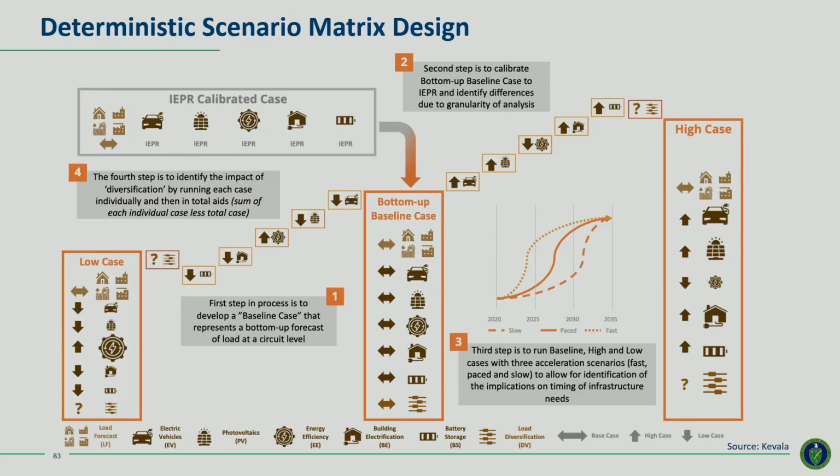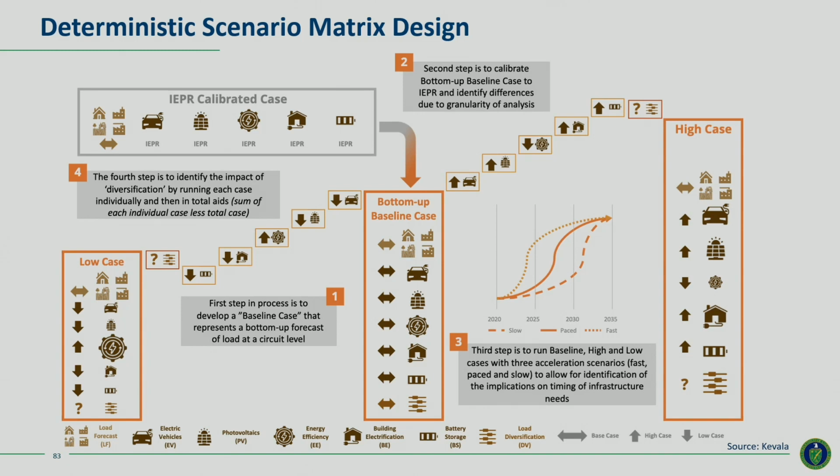Here is an example of how you can discuss a scenario with a utility. You can have your baseline, which has the load, how many EVs, PV, storage, energy efficiency, building electrification, and then you can choose together what a high case and a low case might be, right?